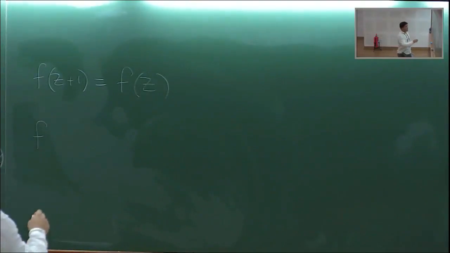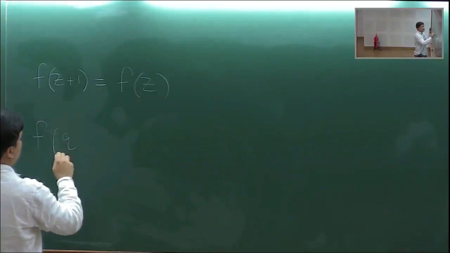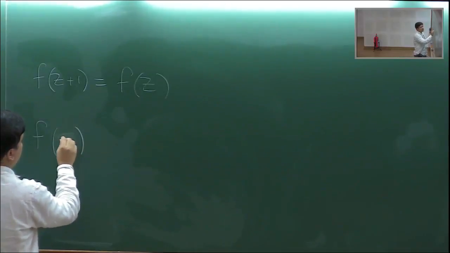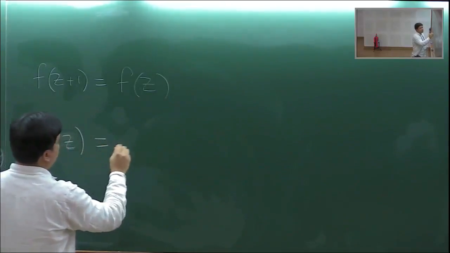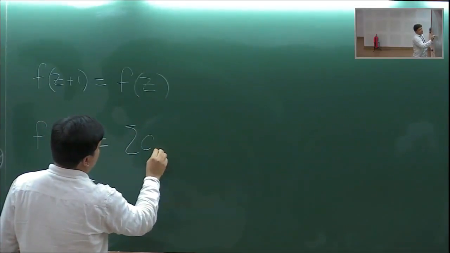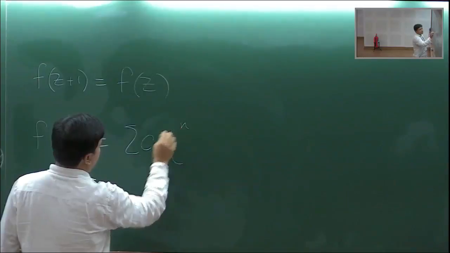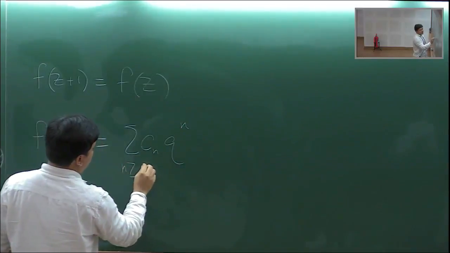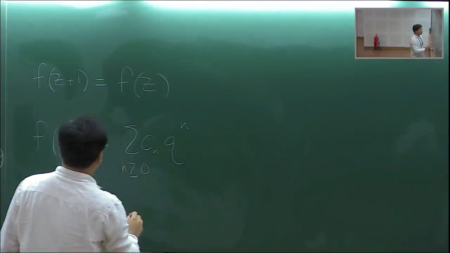You make the transformation z maps to e to the power 2 pi i z, and then I can write it as f of q equals the summation of c n q to the power n, n bigger than or equal to 0.